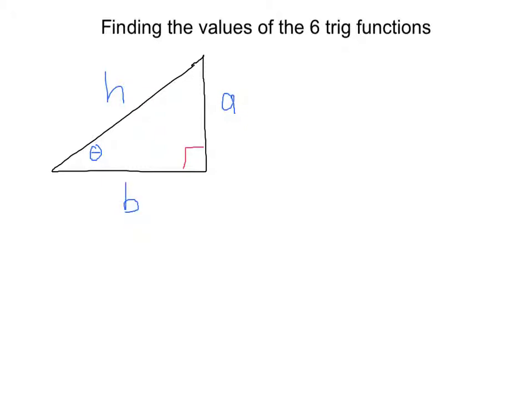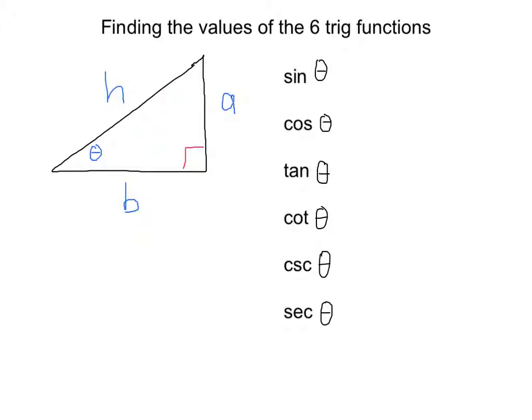Now let's start going through all 6 trig functions now that we have all 3 values for the sides of this triangle. Here are the 6 trig functions that we're trying to find the values of given this triangle and the angle theta inside. Sine of theta is equal to the length of the opposite side of theta over the hypotenuse.